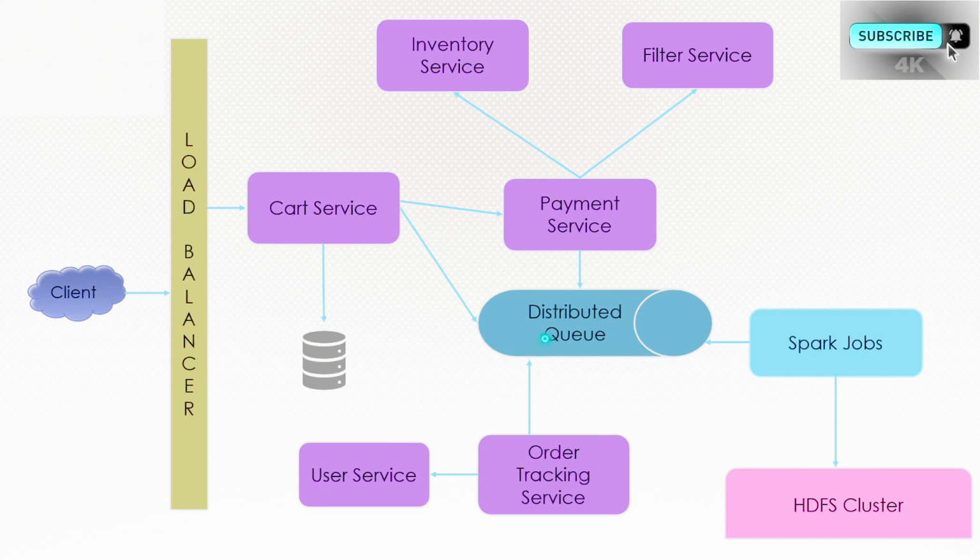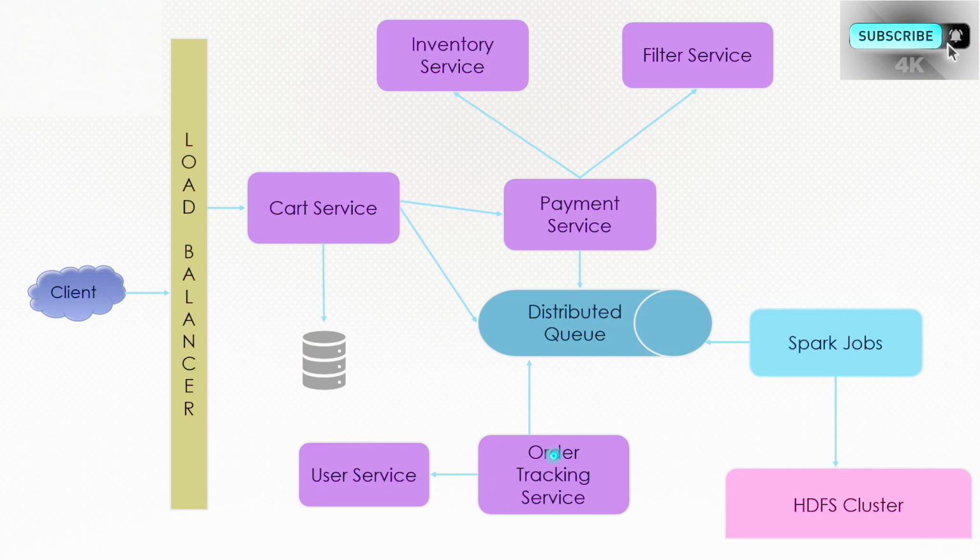Once the order is successful, this tracking service will pick up that particular order and talk to the user service, and you can see in your user profile how the order is moving from the warehouse to your place and how much time and date it will take. All those details will be served by this order tracking service.